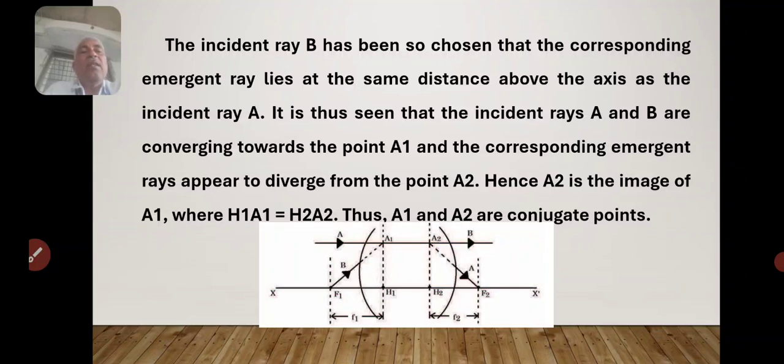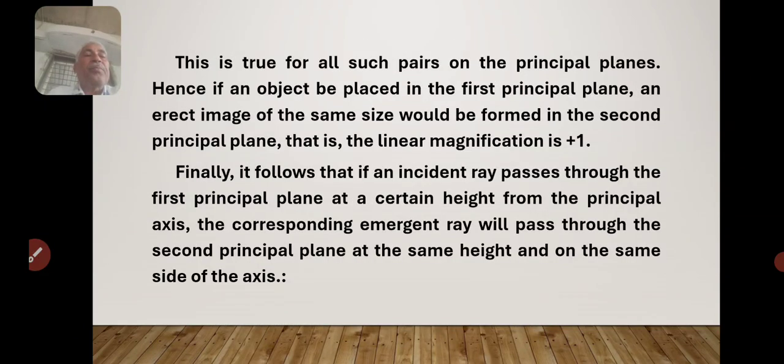It is thus seen that the incident rays A and B are converging towards the point A1, and the corresponding emergent rays appear to diverge from the point A2. Hence, A2 is the image of A1, where H1A1 equals H2A2. Thus, A1 and A2 are conjugate points.